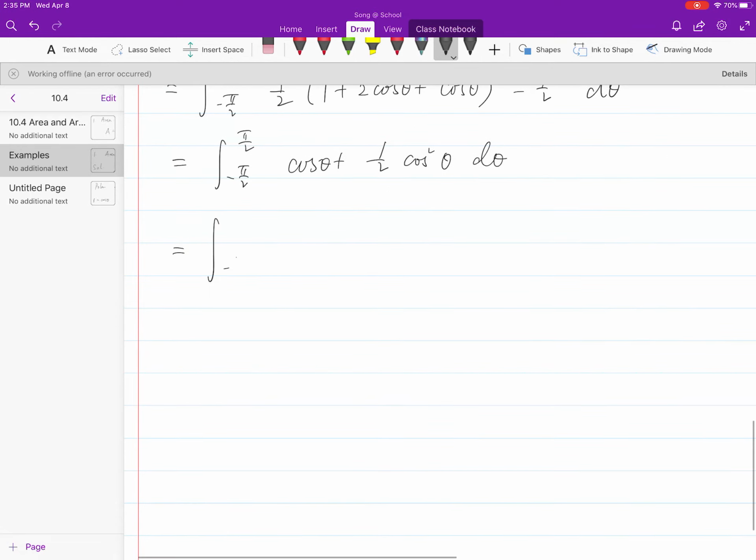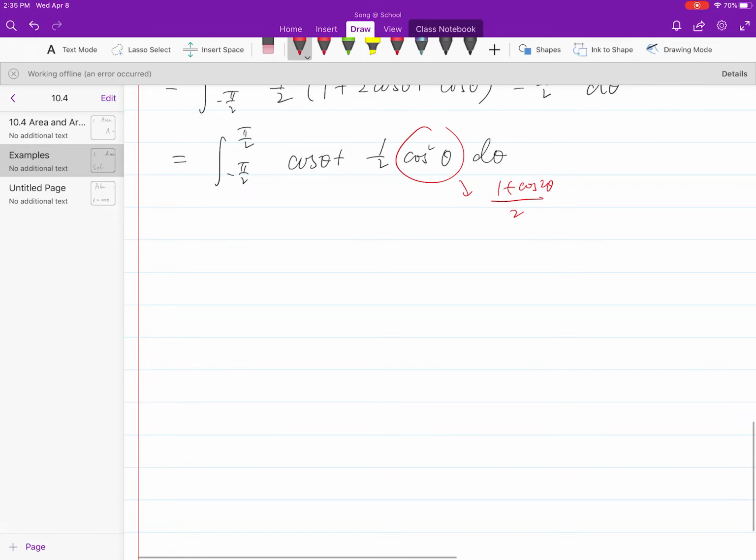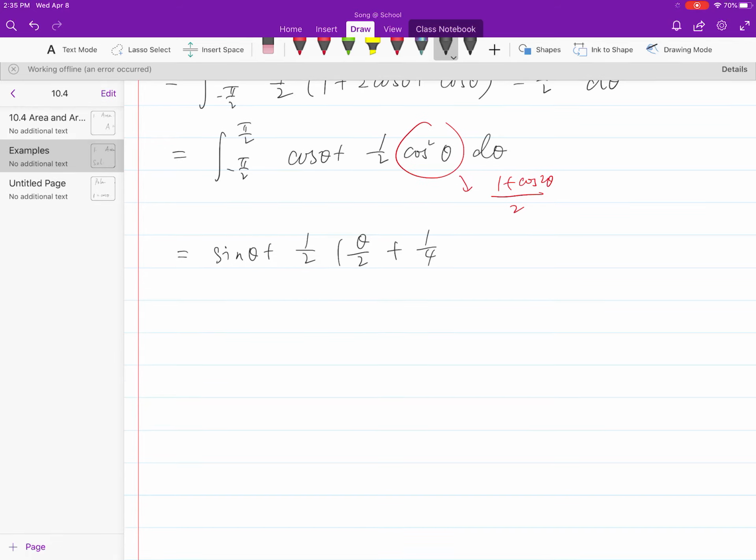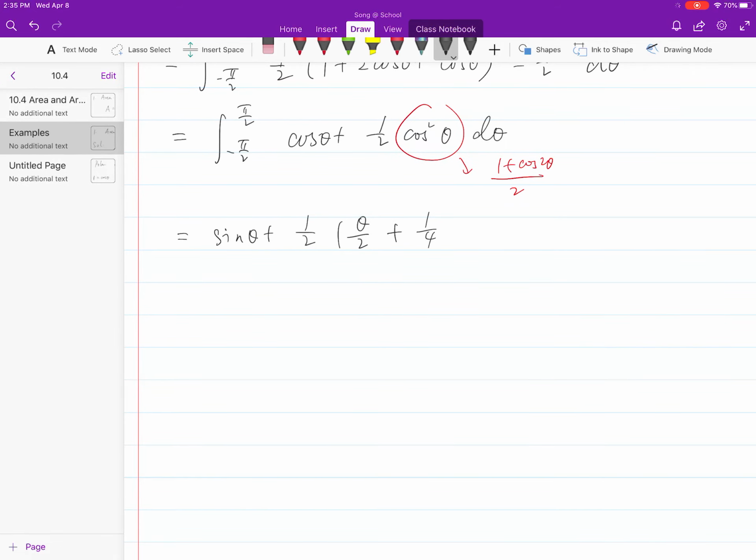Why don't I just put all the details here? To save some steps, I'm going to change this one to 1/2 of 1 plus cosine 2 theta. Okay, so what you have here is sine theta plus 1/2 of 1/2 theta plus 1/4 sine 2 theta, going from pi over 2 to negative pi over 2.